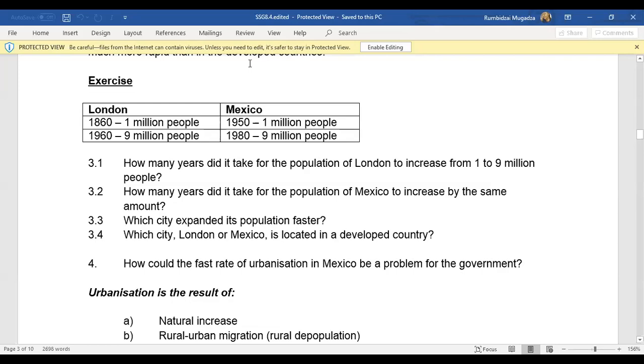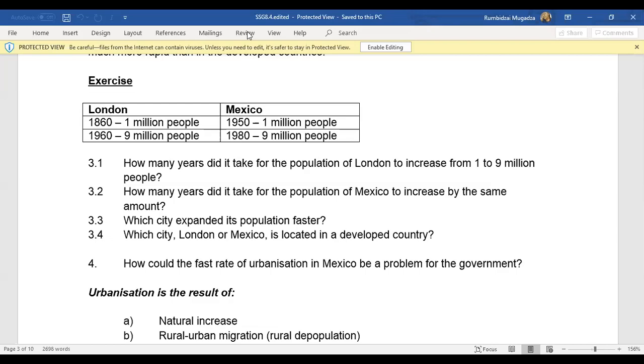What else? Their population increases, yes. So we're talking of the effects of urbanization. Thank you so much for those who responded.